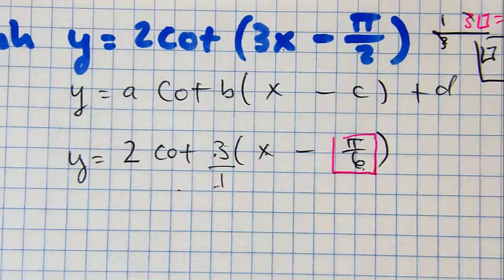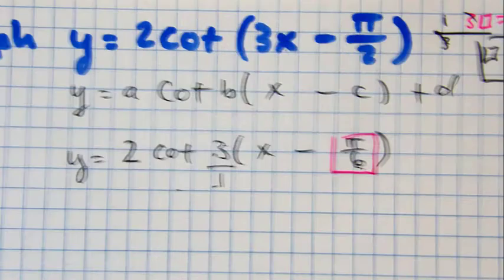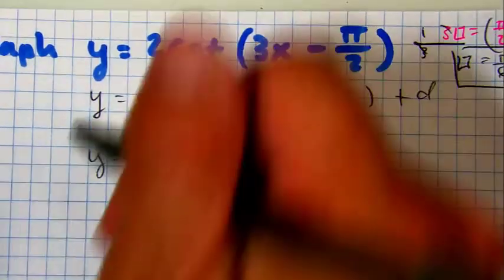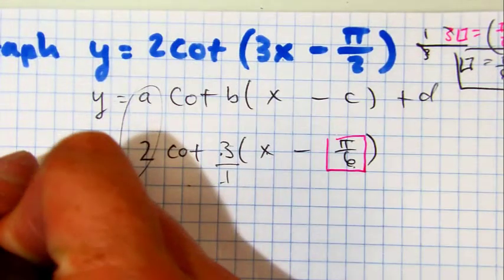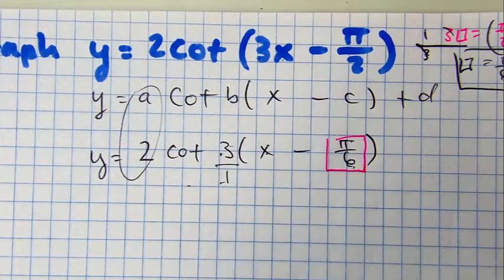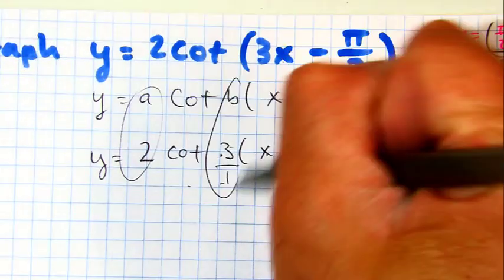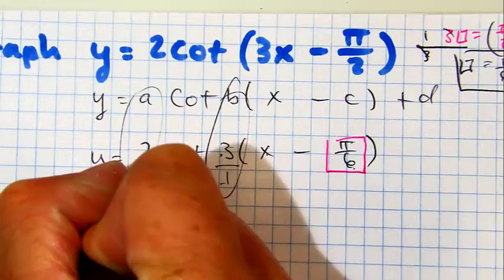How about Brianna? What is your A value? B value? B. C?